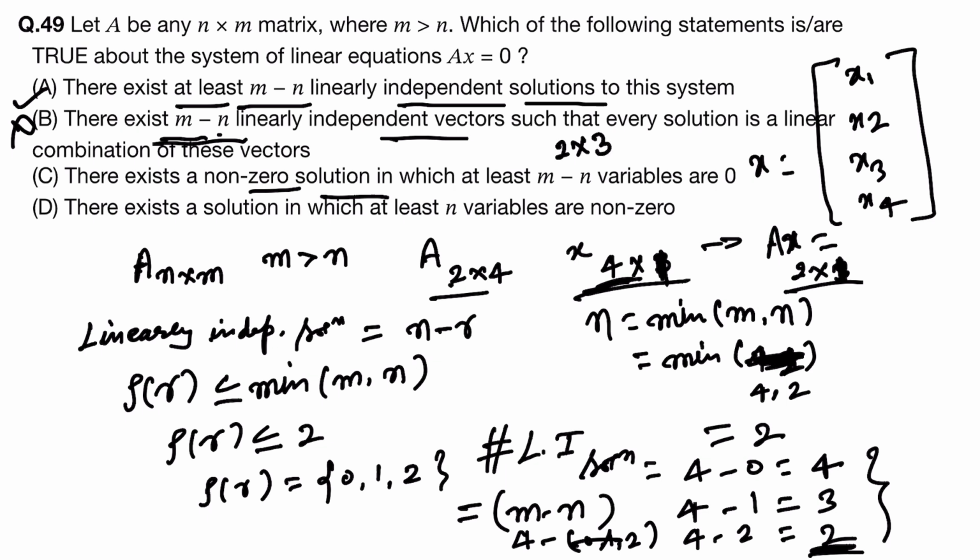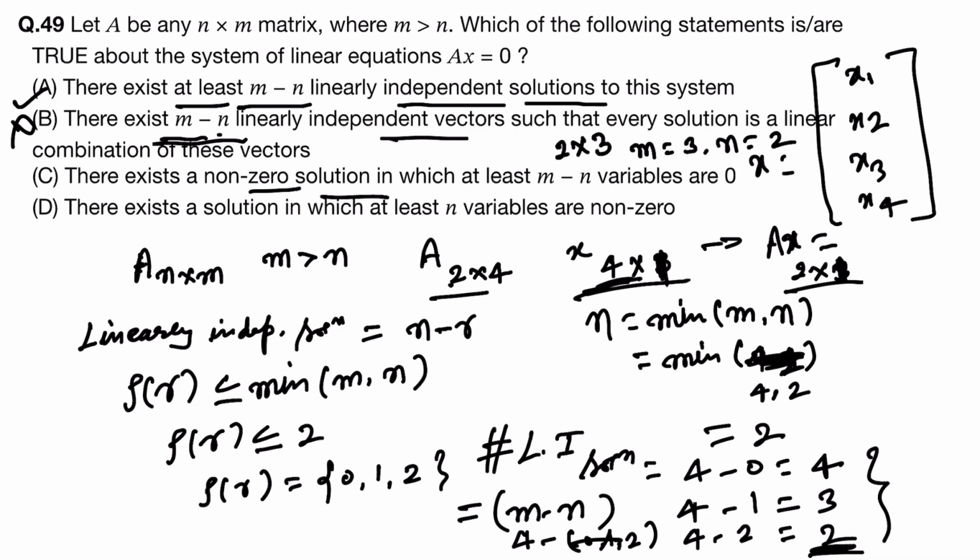Here m is equal to 3, n is equal to 2, and it is telling at least 3 minus 2, that means one variable should be 0. So if I prove this false, then this will be false. We only have to prove false here; true can be possible, okay.